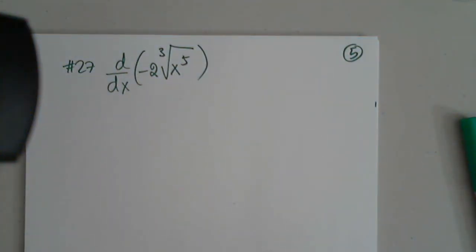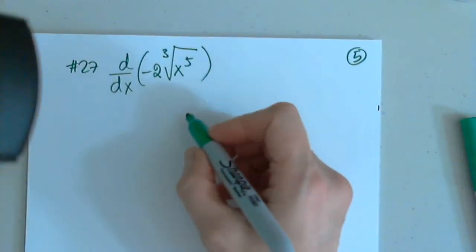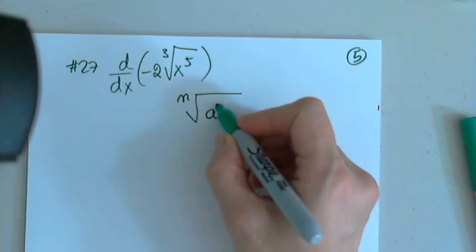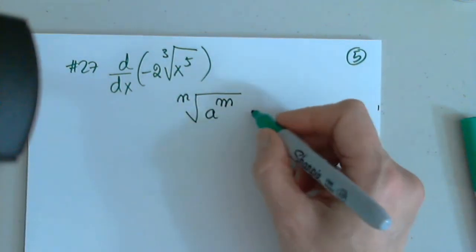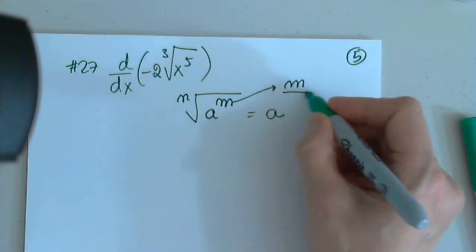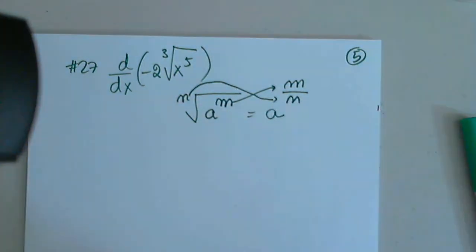So as I said, this book is in love with rational exponents. So let me refresh your memory. The nth root of a to power m is a power m divided by n, the index n.